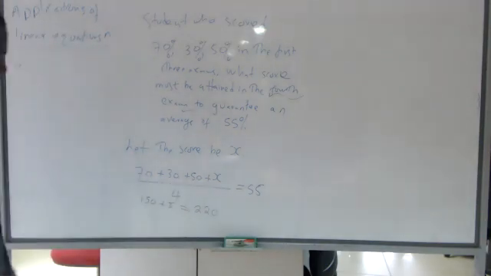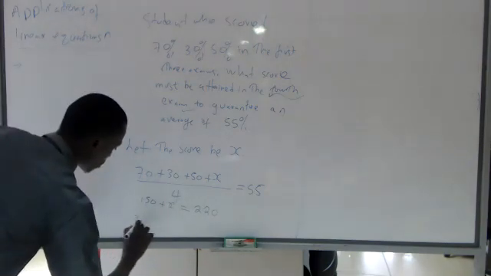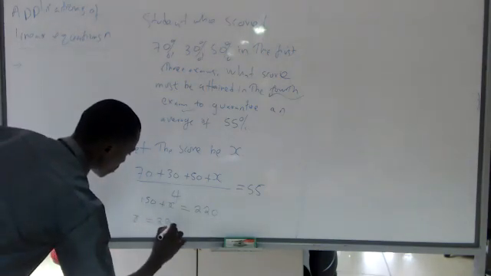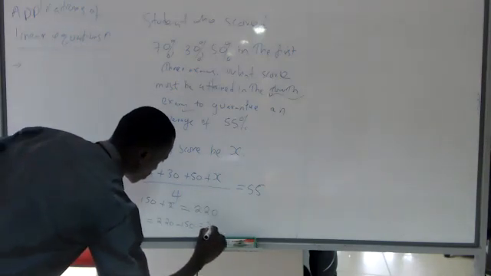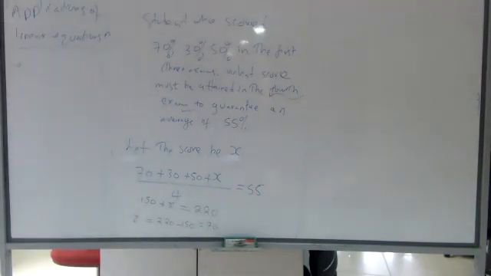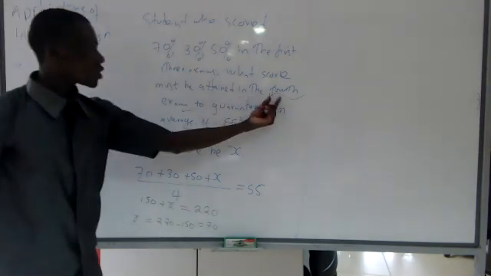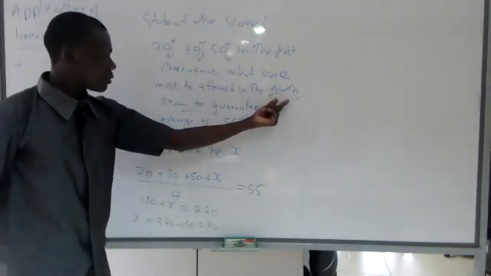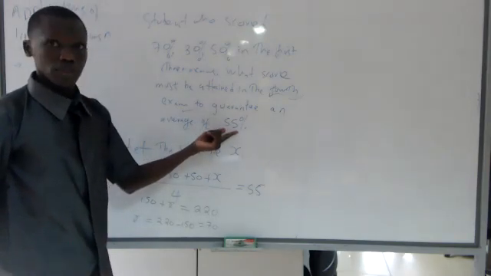X is still there. So to get X, you subtract 150 from both sides. So X must be 220 minus 150, and that is, I think, 70. So this particular student must score a 70 in the final exam to guarantee an average of 55.